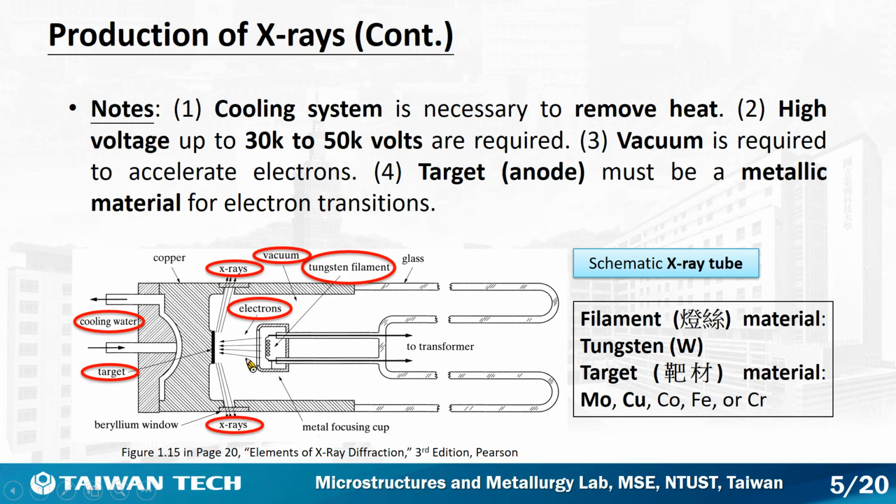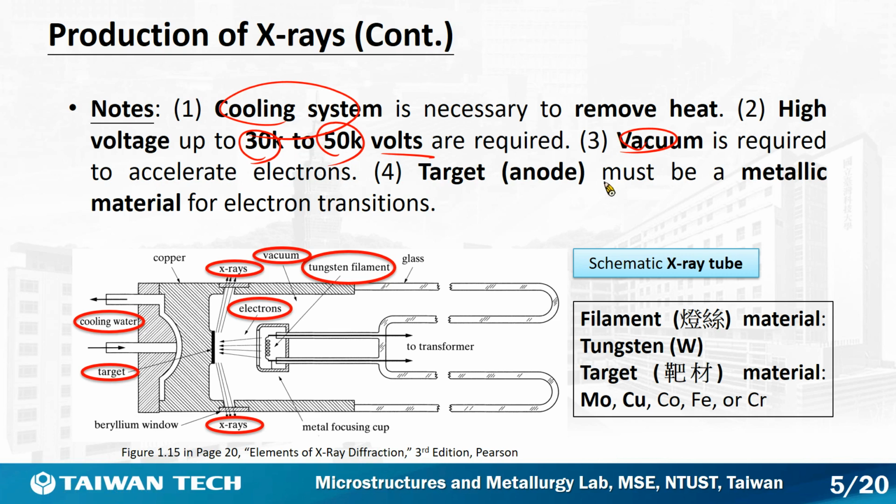And as we said, 99% of the energy will convert into heat, so we need to use cooling systems. For the high voltage, it needs to be at least 30K to 50K volts to generate high energy electrons.